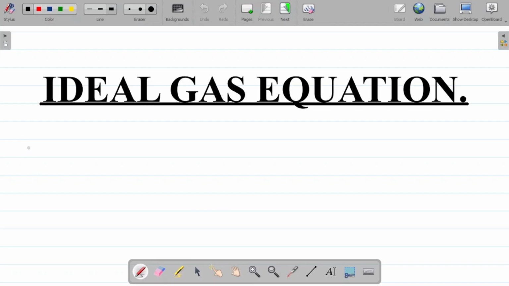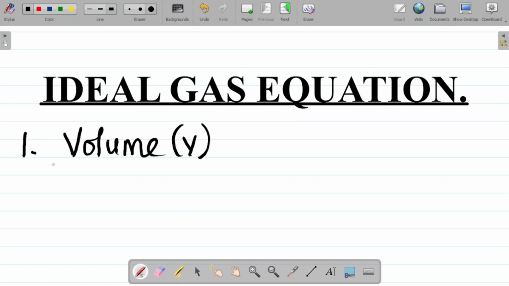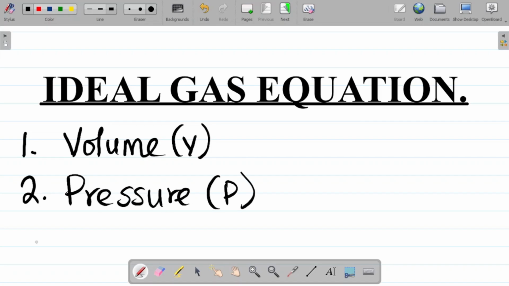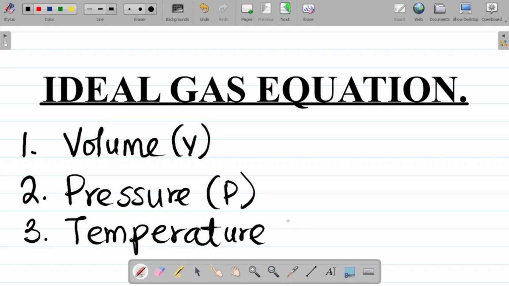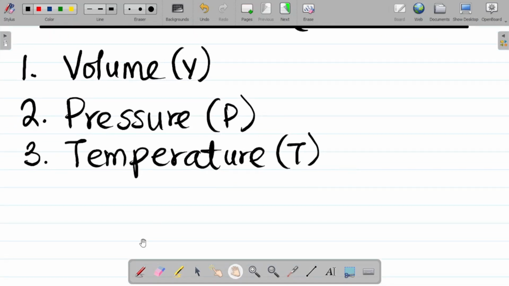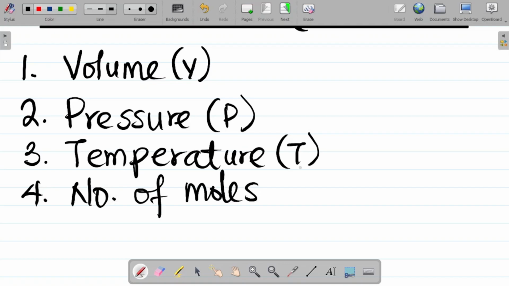They include number one, volume, which is generally V. Number two, pressure, which is P. Number three, temperature, which is T. Then finally, number four, we have the amount of substance or the number of moles, that's N, or mass.